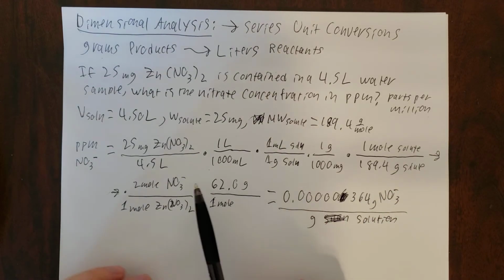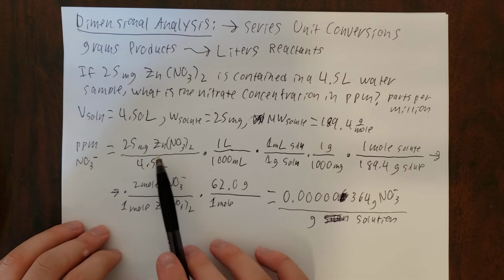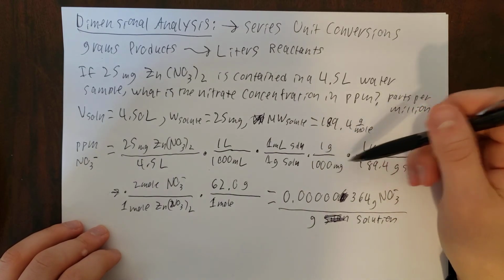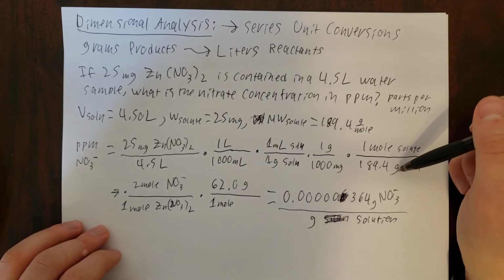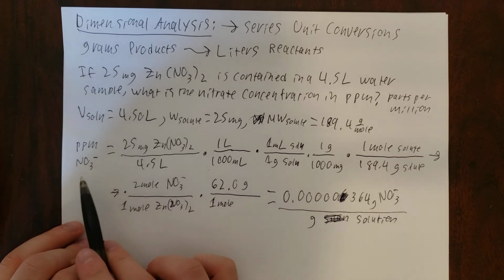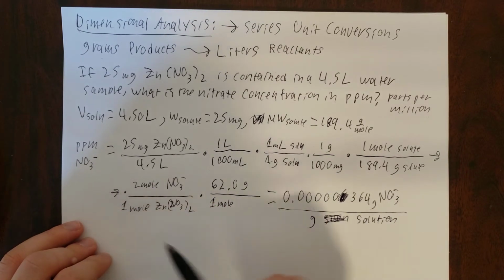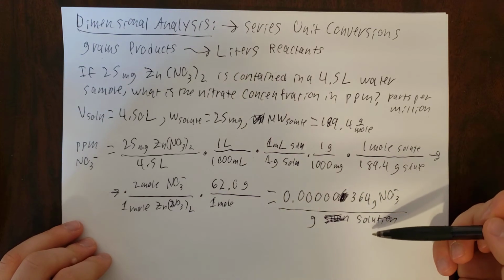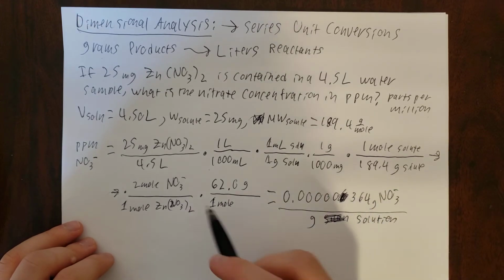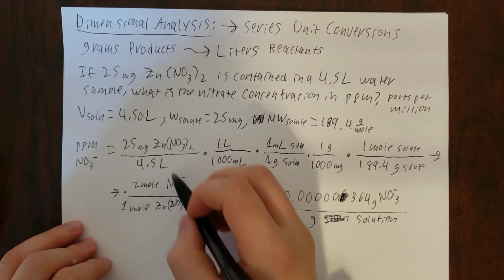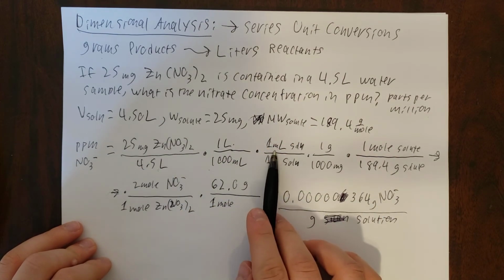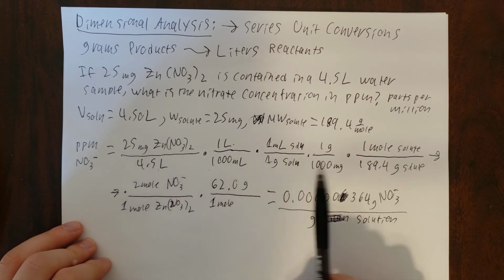So, now if we go back through and look, we can see that we have milligrams. We have a grams per milligram conversion, but then we divide by grams again. So what this does is that the parts per million is effectively unitless. It's a gram per gram measurement. So when we look through, we can see, okay, liters cancels with liters, milliliters cancels with milliliters, milligrams cancels with grams.